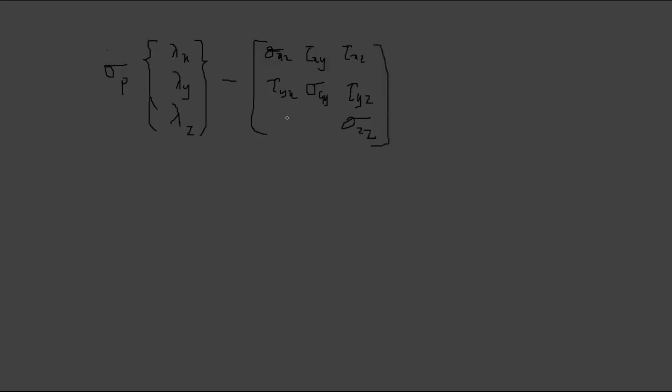So I won't write these two because this one is equal to this one and this one is equal to this one, right? Because it's a waste of time writing these things again and again. So this into again lambda x, lambda y, lambda z, right?